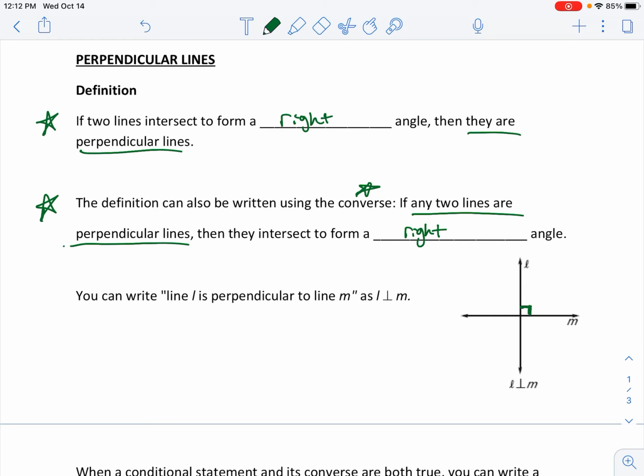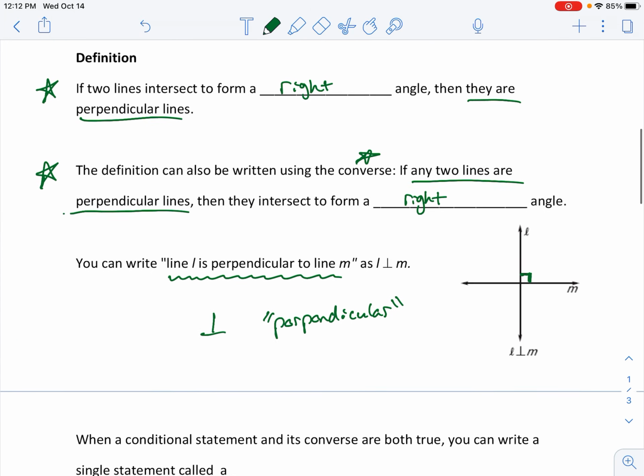We can write this also geometrically as line L is perpendicular to line M. That symbol, the upside down T, we will use to say perpendicular, because perpendicular is a very long word, and just like we have symbols for addition, subtraction, multiplication, equal sign, we have the upside down T for perpendicular.